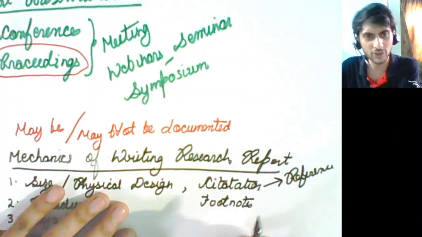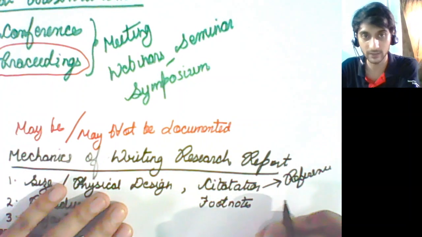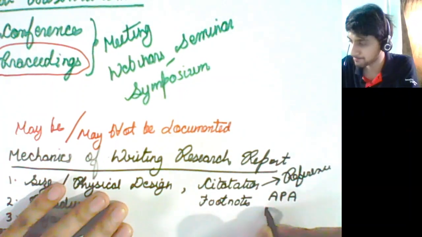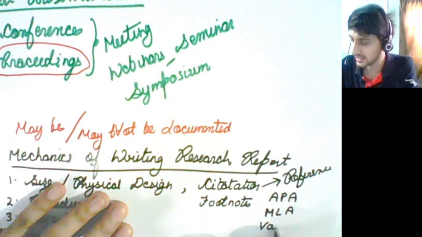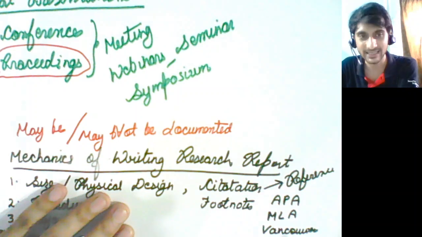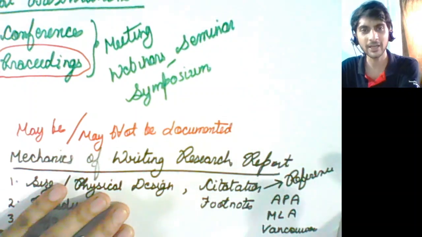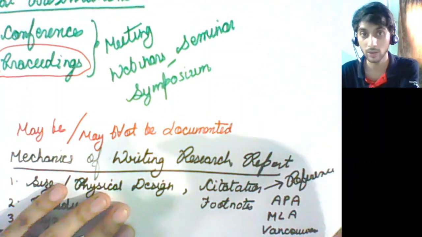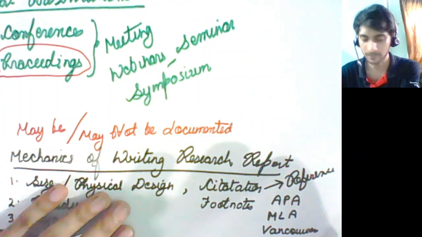So you can search on the internet, and this is going to be your DHA for this particular class. What do you understand by APA, MLA, Vancouver referencing styles? One journal can use IEEE format, the other may use APA or MLA format, but you have to cite accordingly.